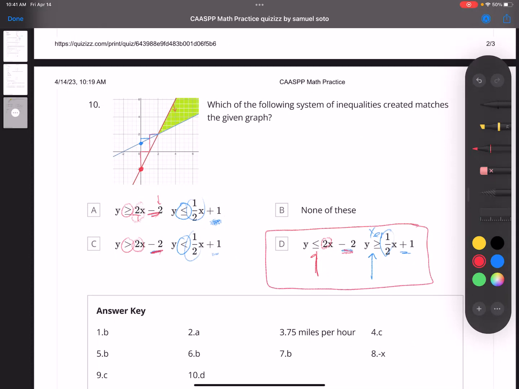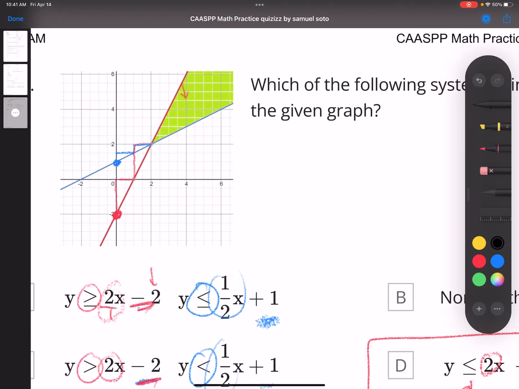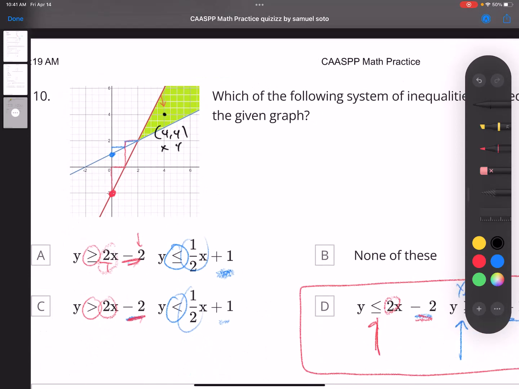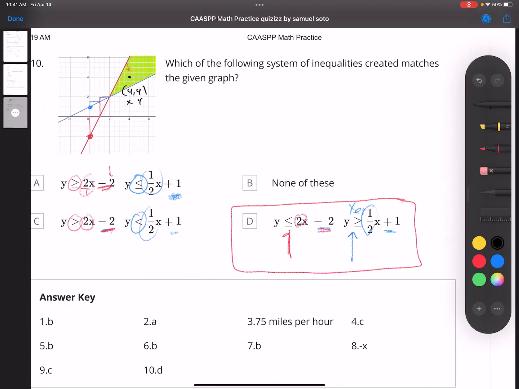Now let's say you don't know how to do that. You can always work backwards and just find a solution. For example, 4, 4. You can plug in 4 for x and 4 for y, and it'll work. And the only one that'll be true for both of them is this one. So 4 is less than 8 minus 2, which is 6.